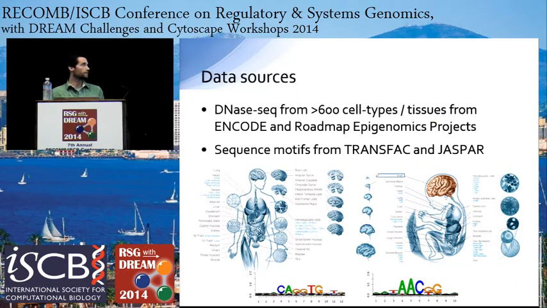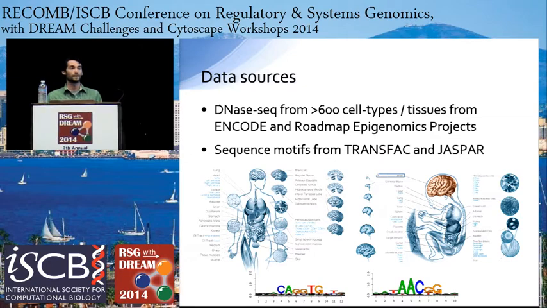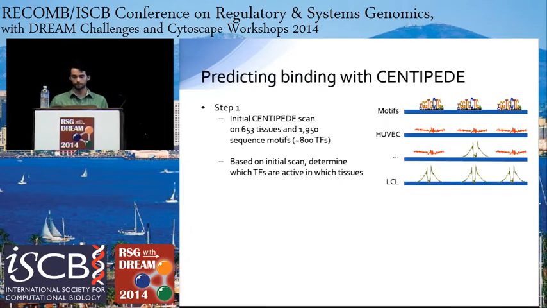For this study, we used over 600 samples from the ENCODE and Roadmap Epigenomics projects, as well as sequence motifs from the TRANSFAC and JASPAR catalogs. Using this data, we applied the CENTIPEDE method to determine which factors were active in which tissues.